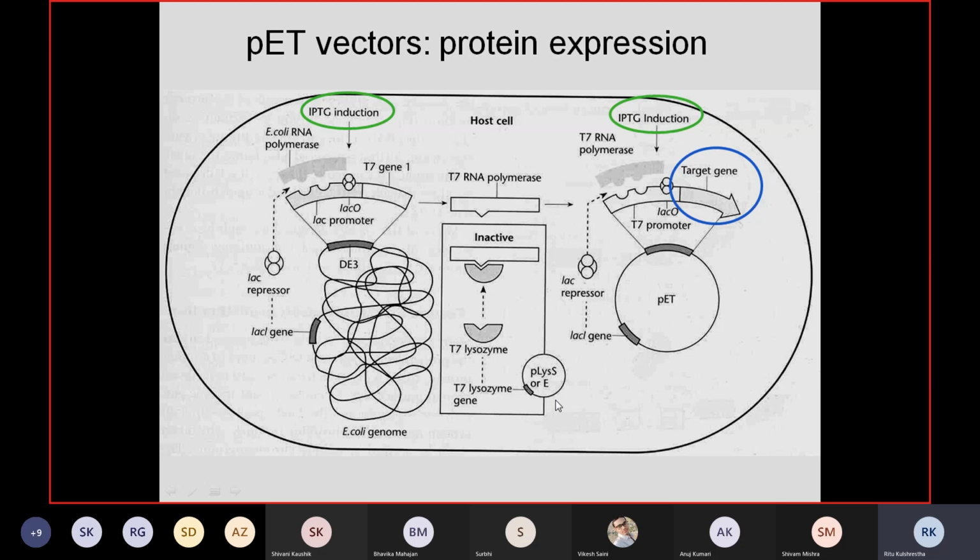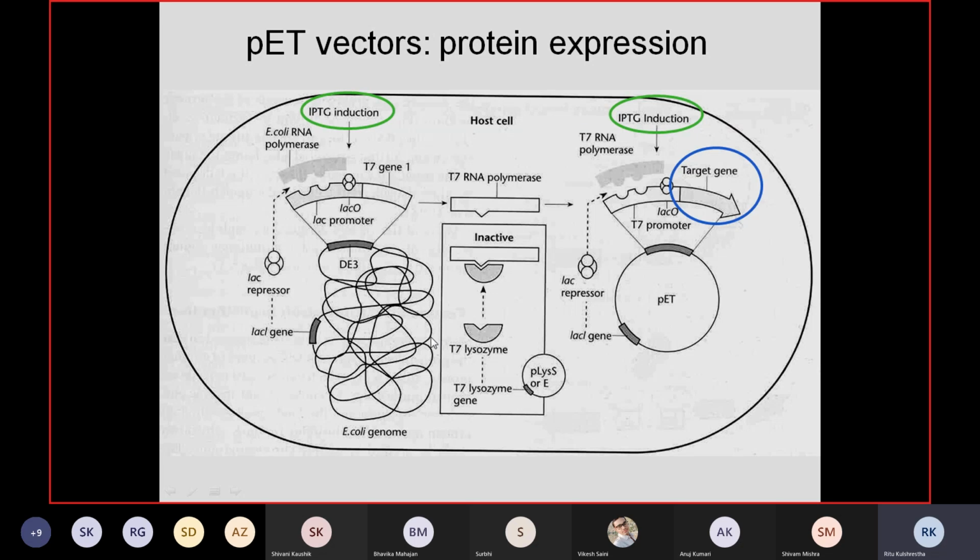I discussed this with you when I was telling you about the E. coli strains and how they have been manipulated, or what extra features they have for regulated expression. So in those cases where the target gene is a little toxic, they add this particular plasmid.